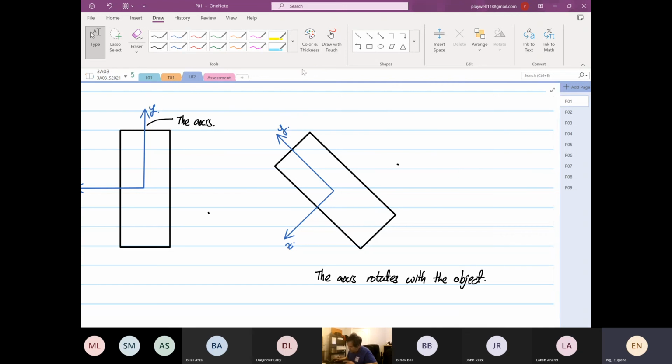Now, because we have rotated in this orientation, a key thing to remember is this is still known as our vertical axis, and this is still our horizontal axis.